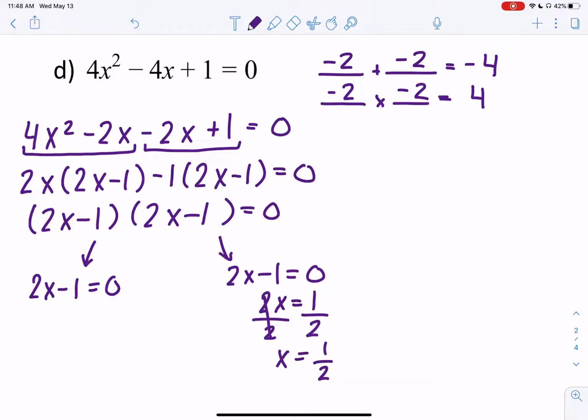So that first one gives us x equals 1/2. And then we'll do it again over here, and we'll also get x equals 1/2. So again, there's only one answer, and that's okay. So we'll do 2 more quick examples.